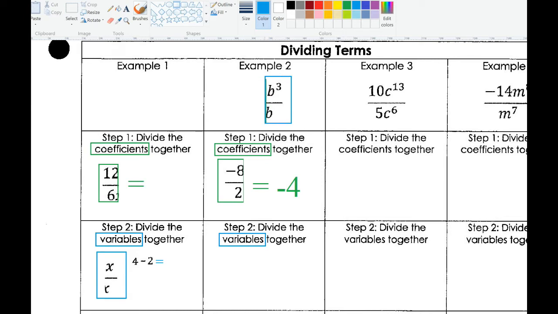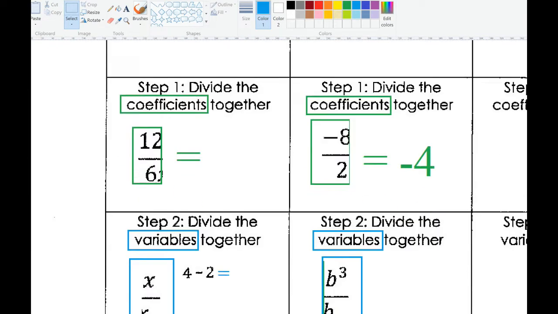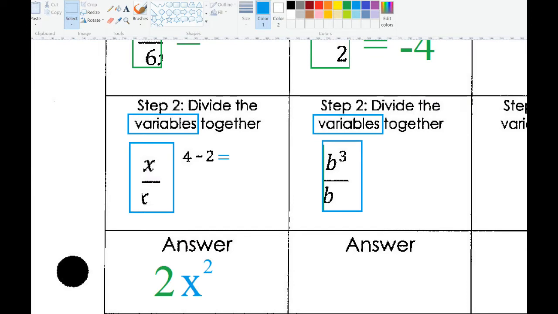You'll notice that they both have the same letter, b, so they belong together. As you notice, there's nothing there.